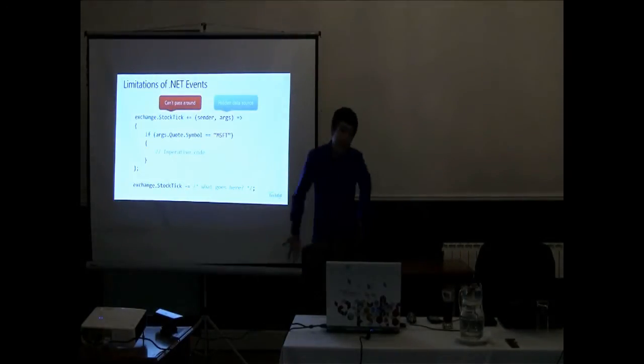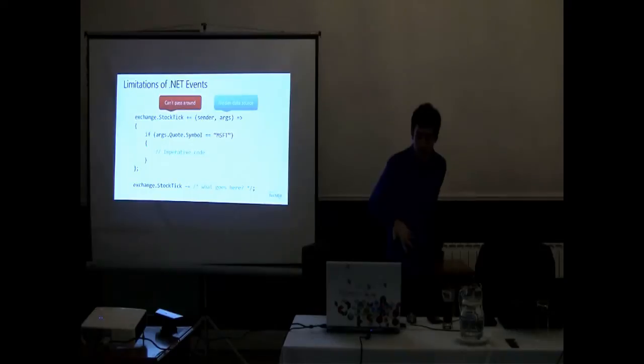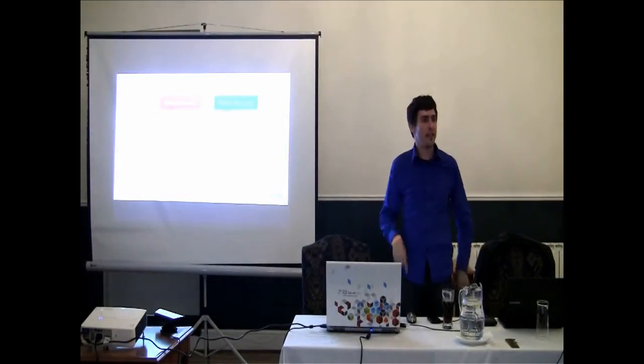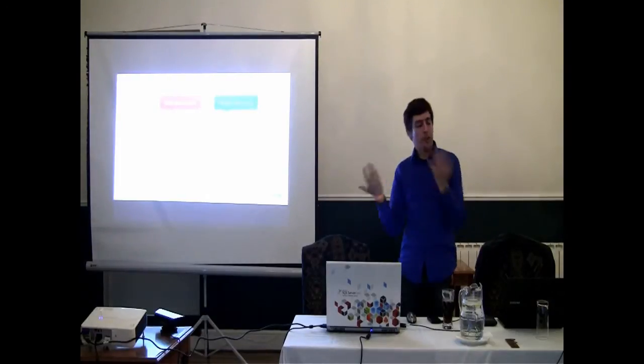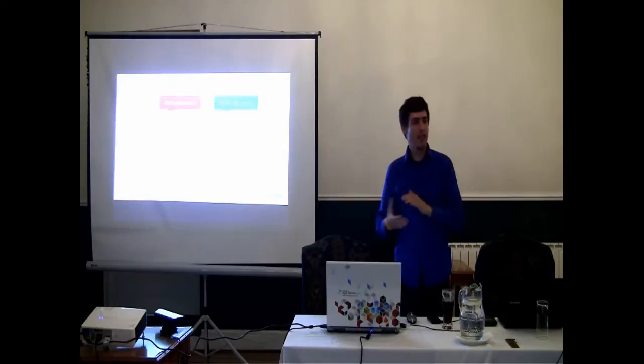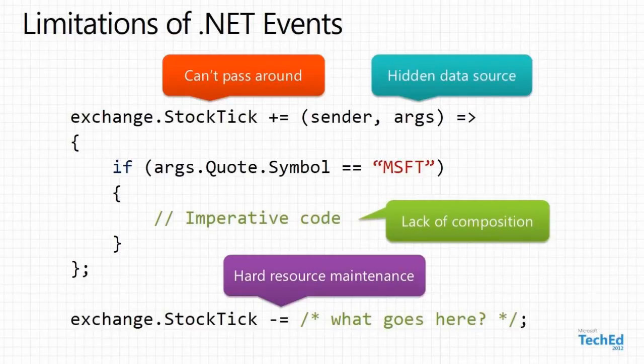Secondly, there are hidden data sources. What do I mean by that? If you have a stock tick and you get the event types, like you were double-clicking on the stock tick event and you're sitting in the wonderful world of curly braces and semicolons, or statements in VB, and you're looking around like, I have my event handler, where's my data?